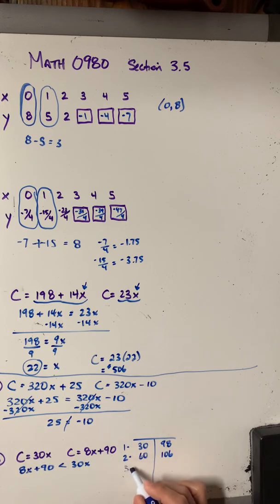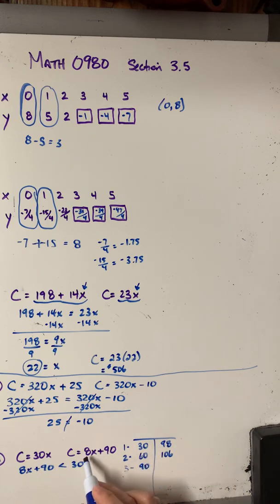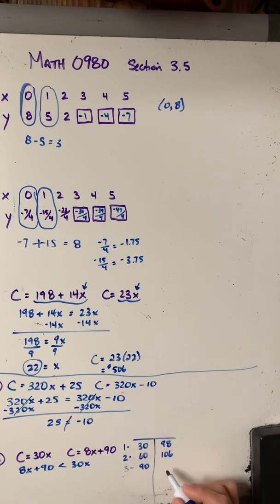How about 3 days? I have 90, and I have 24 plus 90 is 114. Still cheaper to go that way. So what they're asking is, how many days would you need to rent the car in order for this side to be cheaper? So 4 would be what? 120. 4 here would be 32 plus 90 is 122. We're almost there, right?